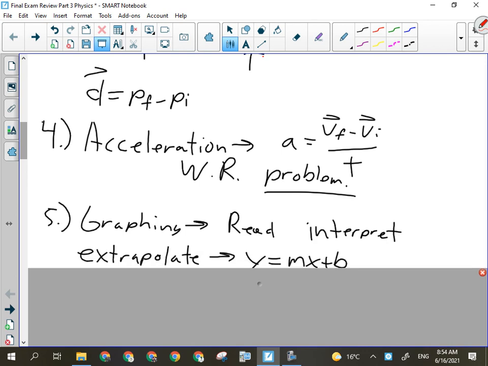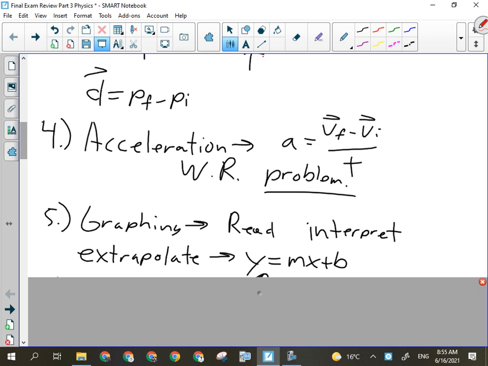Then graphing. Be able to read and interpret, a little bit of extrapolation. Graphing was a huge part of your unit exam. It is much less so on the final. Reading and interpreting is probably the biggest part of graphing on the final.